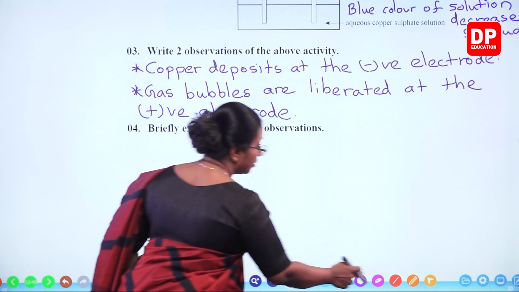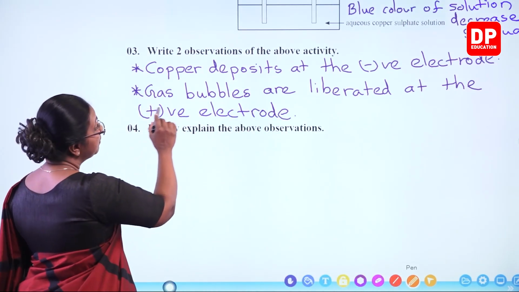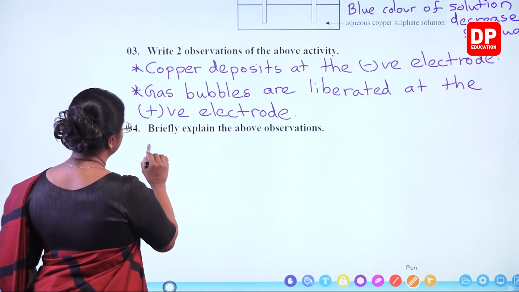Briefly explain the above observation. So, if you are to explain the above observations. Now, copper deposits at the negative electrode. Why?